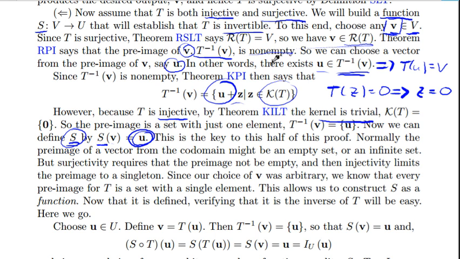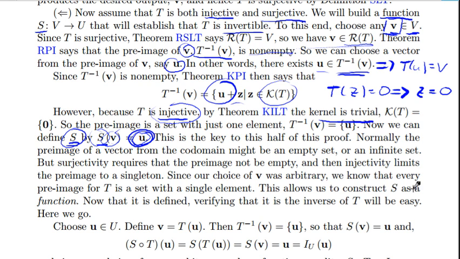So we were able to find some vector in the domain that maps to the codomain. On the other hand, because T is injective, we were able to show there's only one vector that maps to every vector in the codomain. So we've used injective and surjective to come up with a mapping that basically associates with each vector in the codomain a unique vector in the domain.